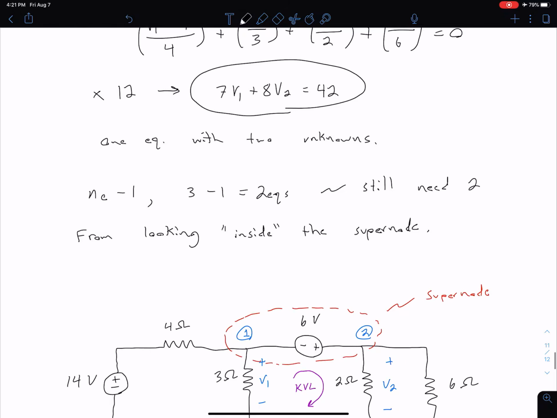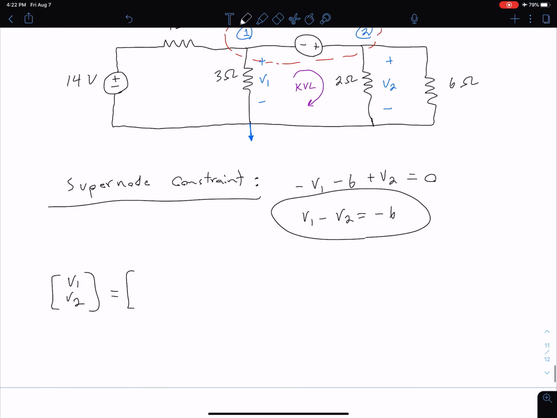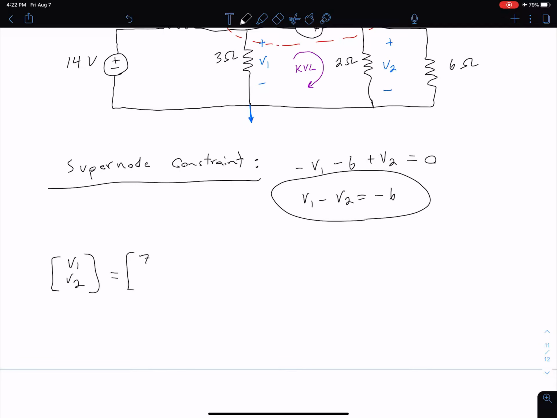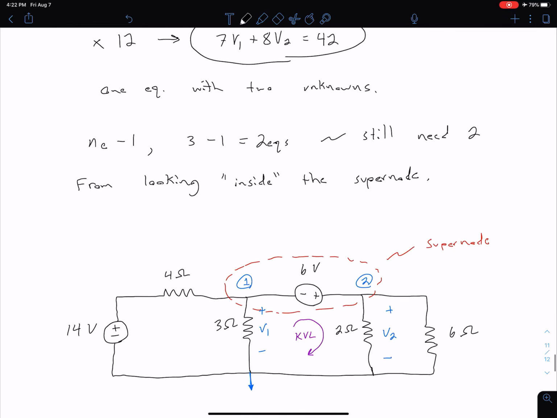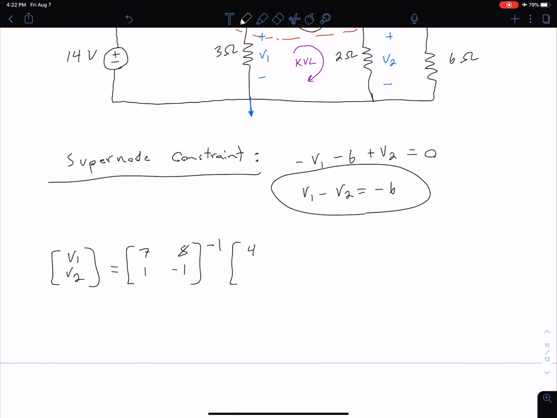We see we have 7 and 8 as our coefficients. We know this matrix is going to be inverted. Our second row of coefficients comes from our second equation, which is 1 and -1. Our constant matrix we have from our first equation, 42, and from our second equation, -6.